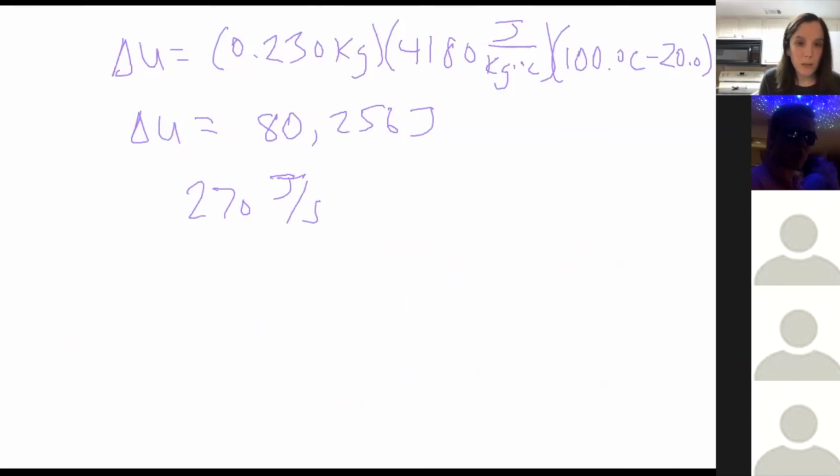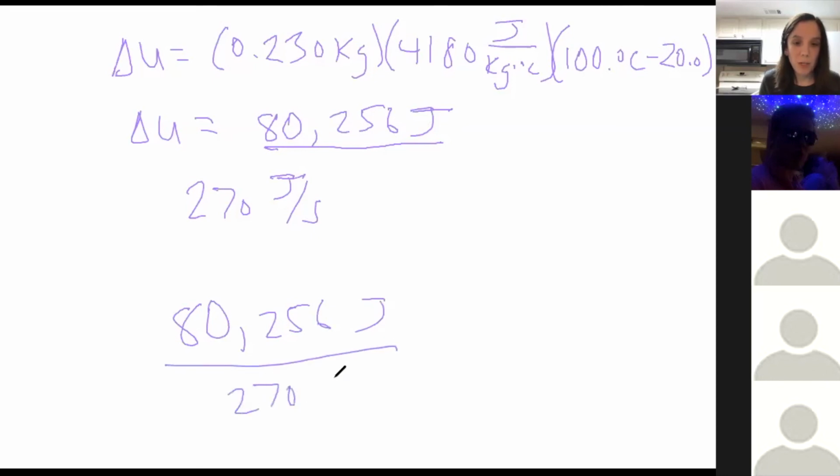So just divide these two. Take the total energy we need to impart to the cup of water and divide it by the energy of the flame per second, 80,256 joules divided by 270 joules per second, gives us 297 seconds, which is about 5 minutes.